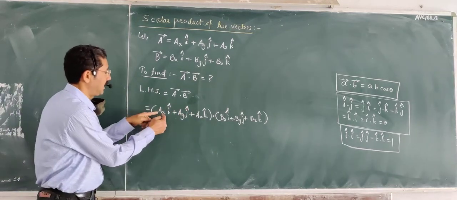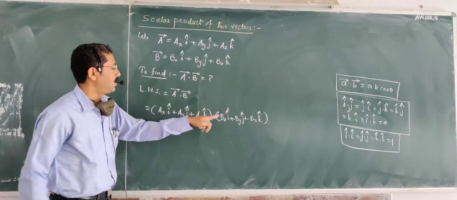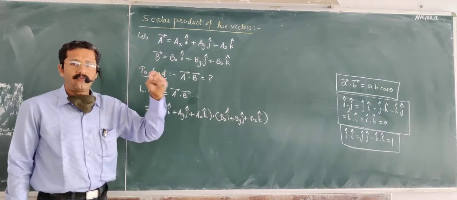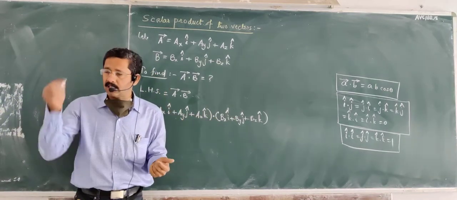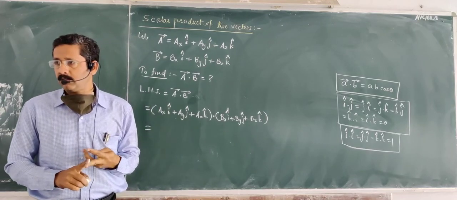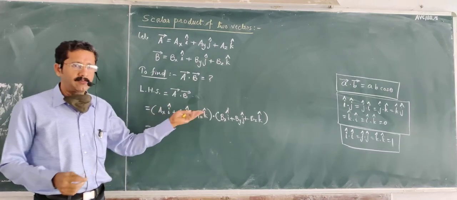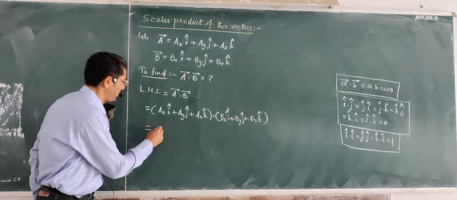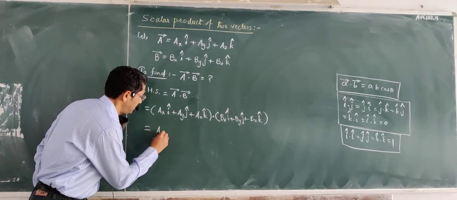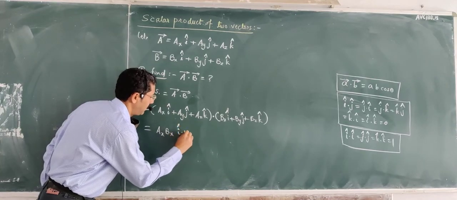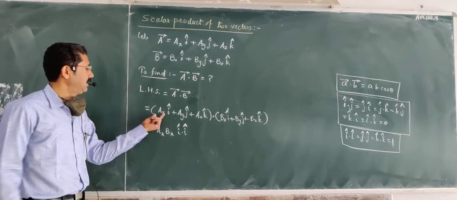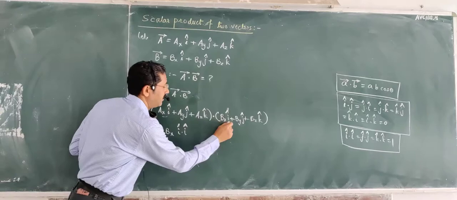Initially I'll start with AX I dot BX I. AX, AY, AZ, BX, BY, BZ are just numbers, so numbers I can always multiply together first of all. So this becomes AX into BX into I dot I. Correct? This first term with the first term here.